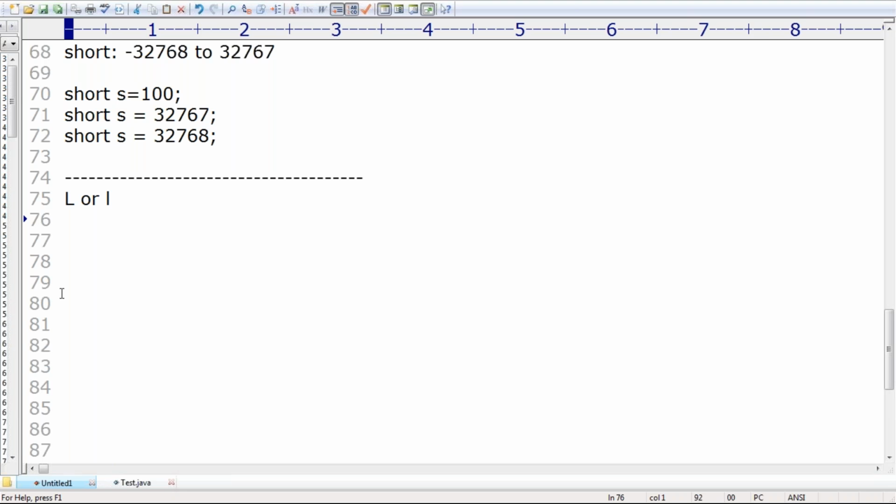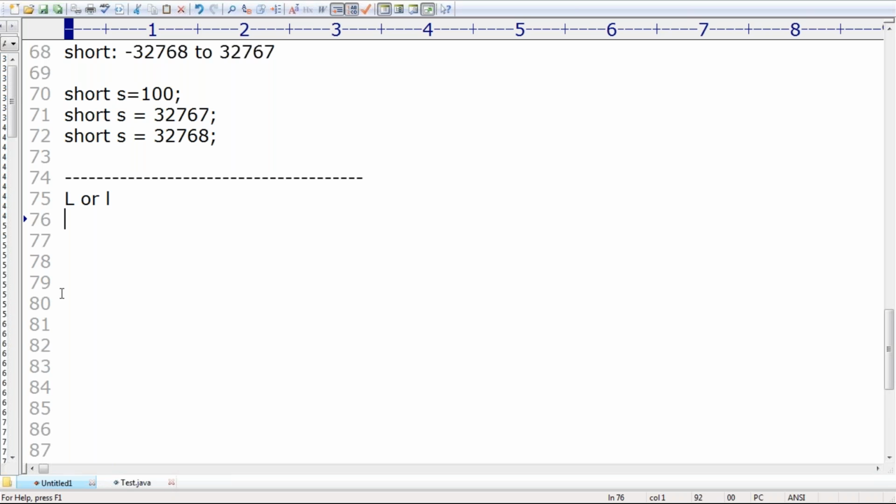Whenever we are assigning an integral literal to a byte variable and the value is within the range of byte, the compiler automatically considers it the byte type. Remember that. By mistake, if the value is not in the range of byte, the compiler will give an error. A similar rule is applicable for short variables also.